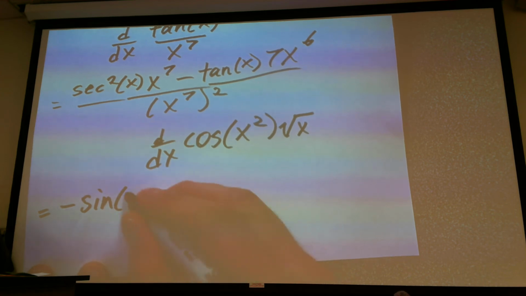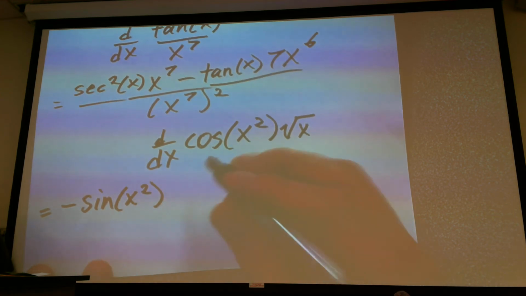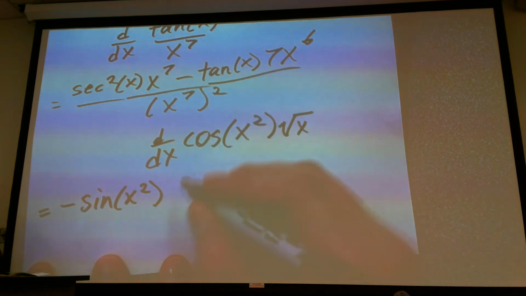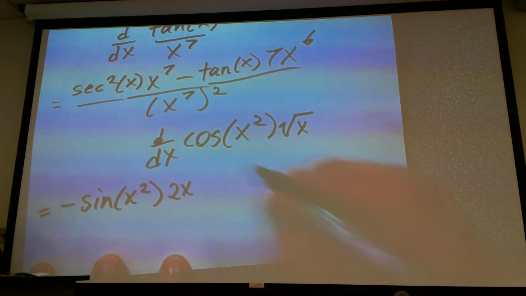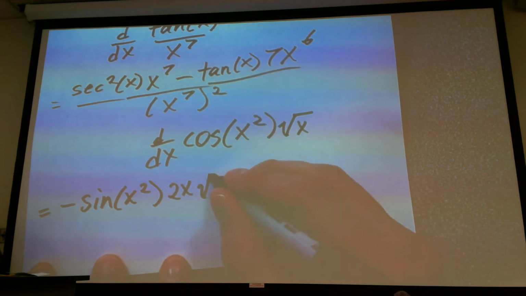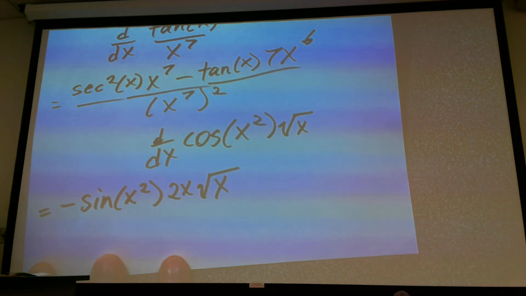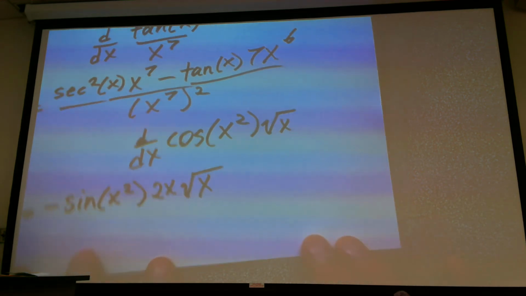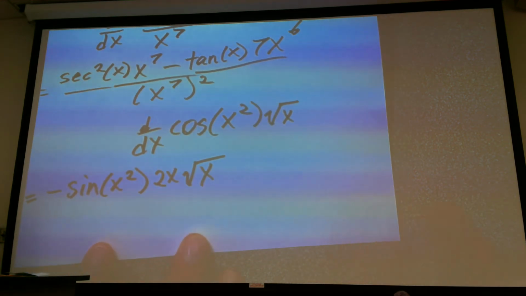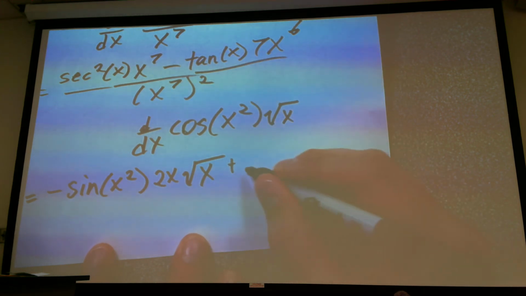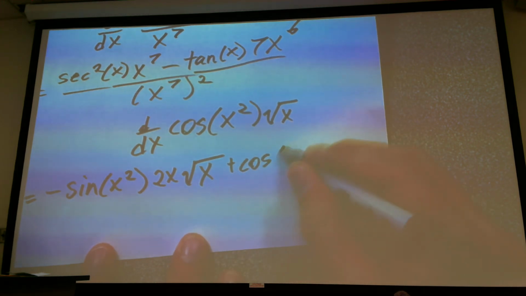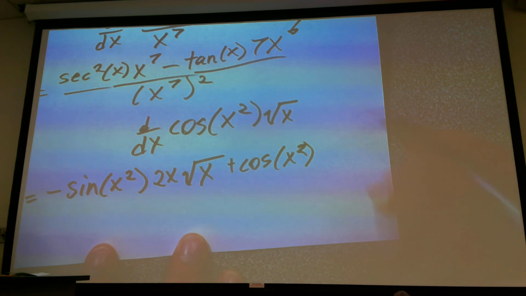Let's leave the x squared alone, and then we have to multiply by the derivative of x squared, which is 2x. And then multiply, that's f prime g, so we have to leave the g on there. Now plus cosine of x squared. Now it's f prime g plus f, and now g prime.